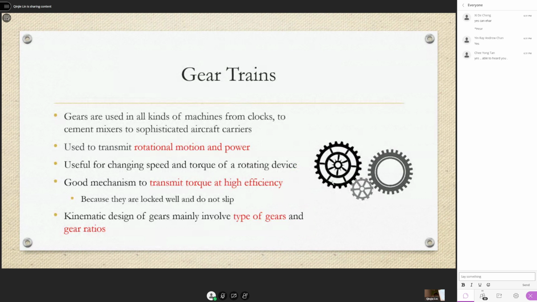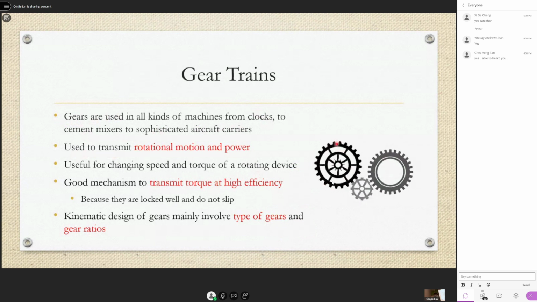Now we come to gear trains, which are basically gears. Gears are used in all kinds of machines, from clocks to cement mixers to sophisticated aircraft carriers. So gears are one of the most common things for us to transmit motion, used to transmit rotational motion and power.